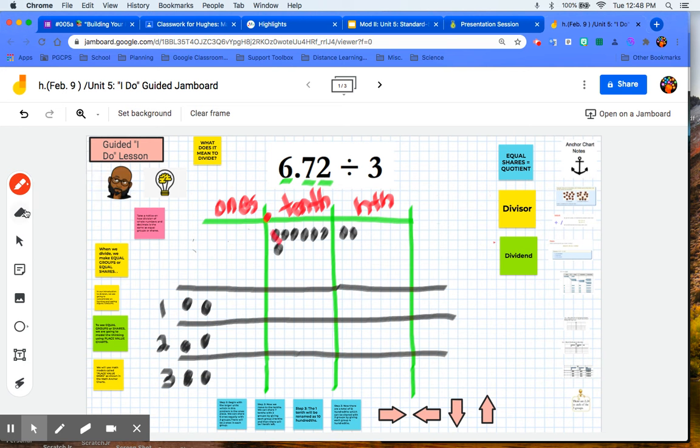One for you, one for you, one for you. Still got some more to share, right? Let's keep on sharing. Now just put a mark through it just so I know.